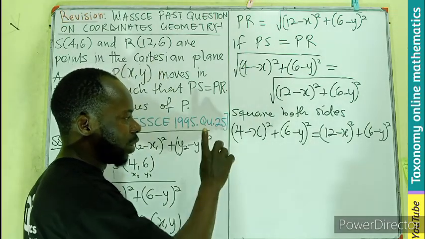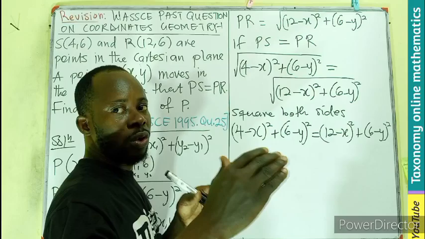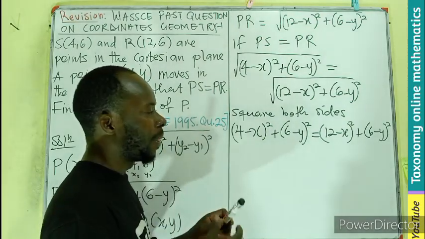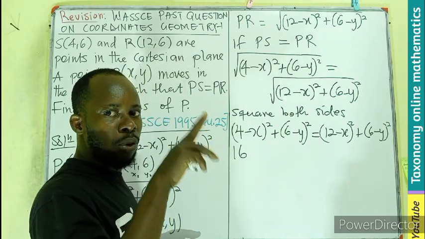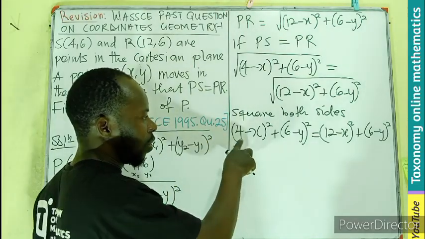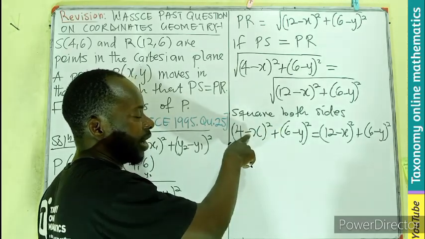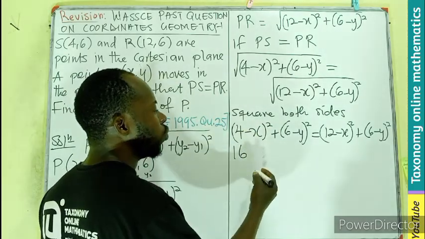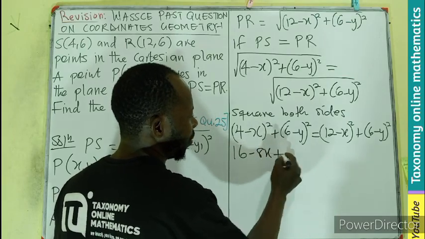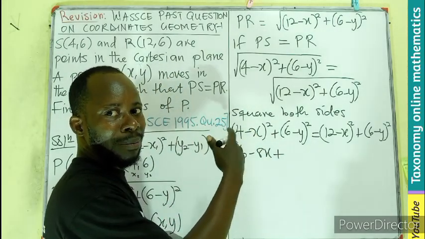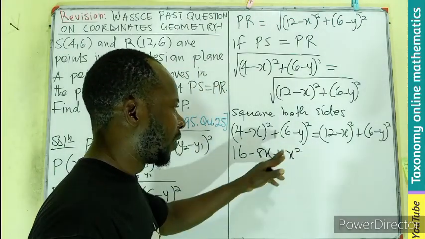Under algebra, we can expand this without going through the long process. We square the first term, meaning 4 squared will be 16. We find twice the product of the numbers in the bracket: 4 times x is 4x, negative, so negative 4x times 2 will be negative 8x. Then we square the last term, minus x squared gives us x squared.